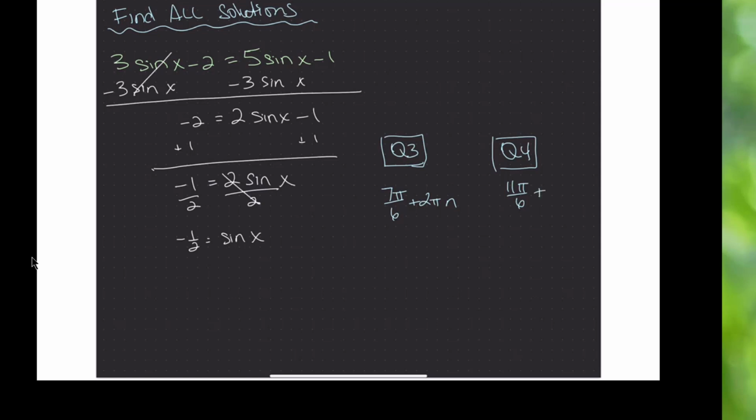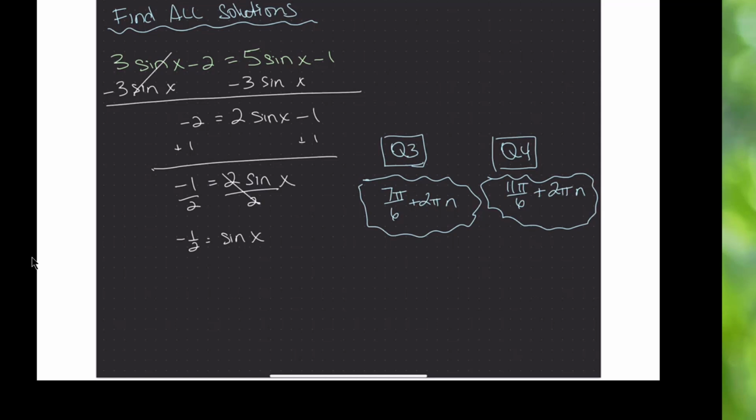So same thing on quadrant 4. We know it's going to repeat every time we go around the circle, every 2 pi, and then our n for however many times we're going around the circle. And you've got your solutions, all solutions, for those 2 quadrants. And that's it.